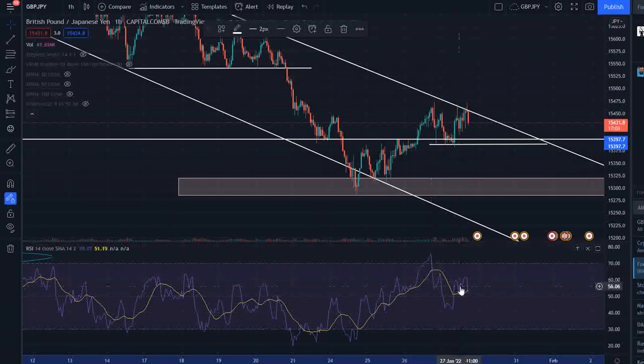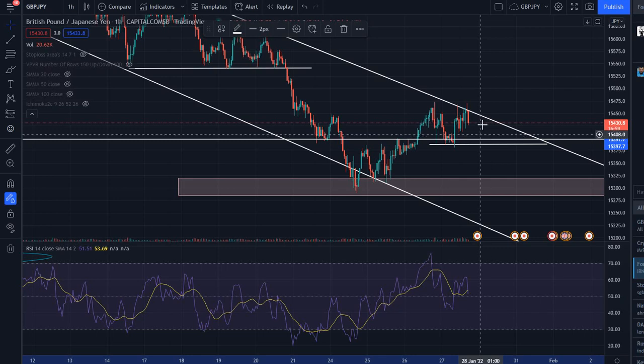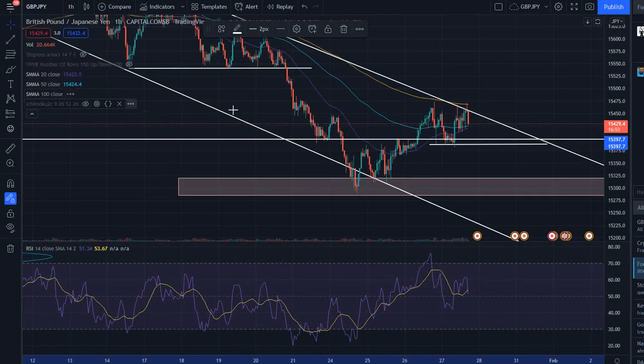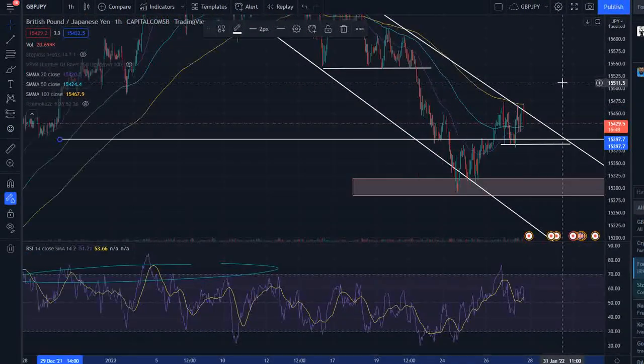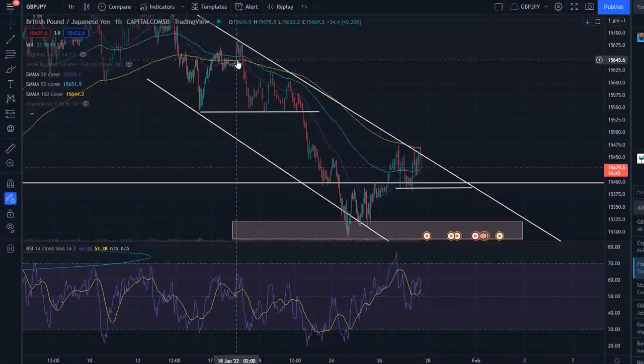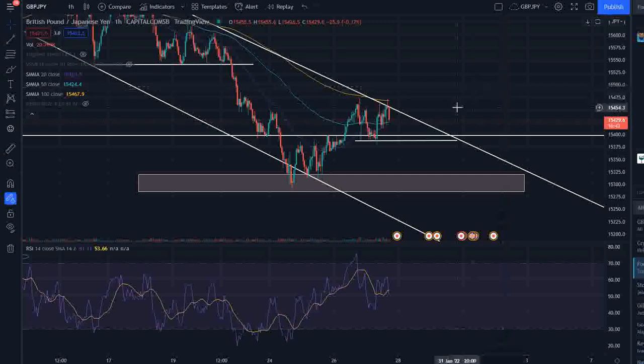This could go down, so I can either go down and then have to go up. Need the DMA to help me out. That's a good entry for a selling point to enter the trade.